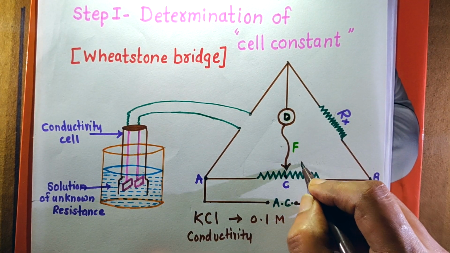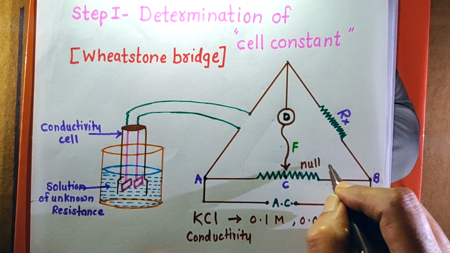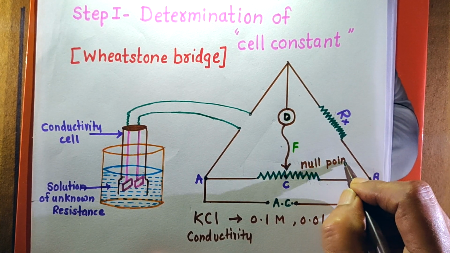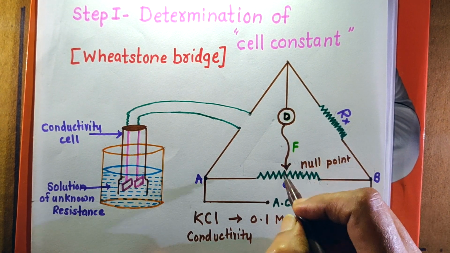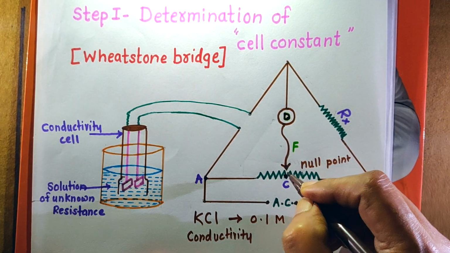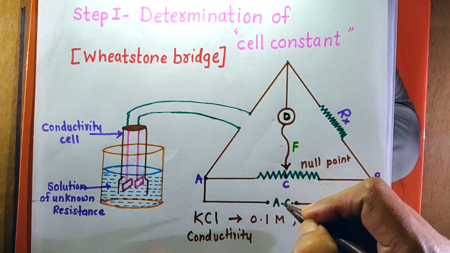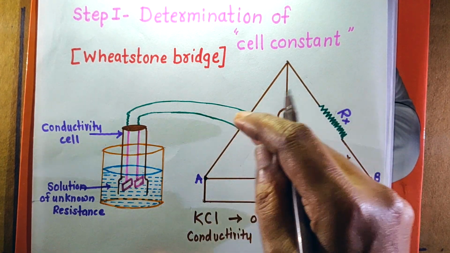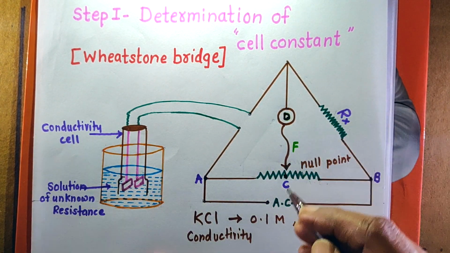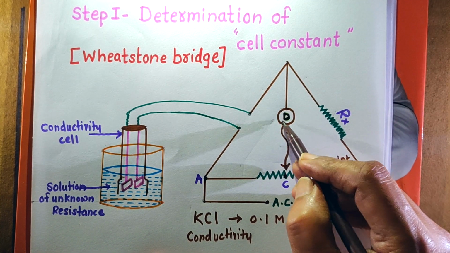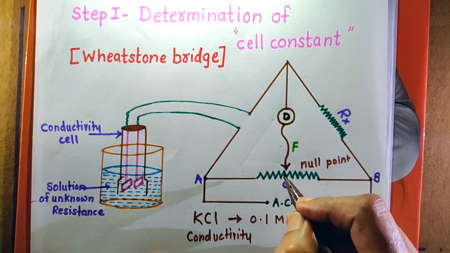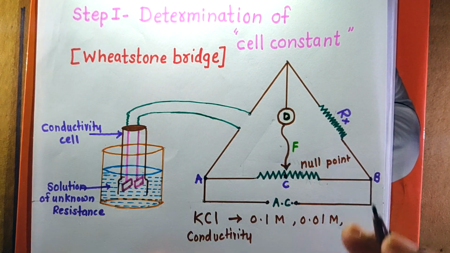That point is called the null point, and suppose we find it to be C. On this wire, C is the point at which there is no current flowing through this circuit, or there is no deflection in the detector or galvanometer, and that point is called the null point.